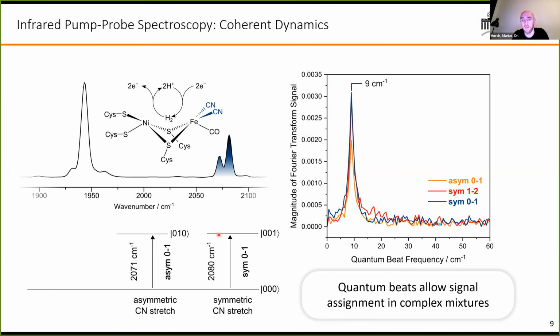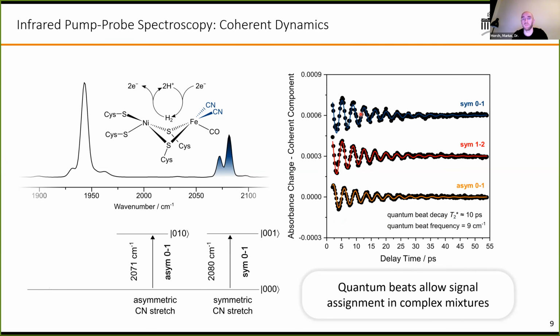And what you can see here is that for each pair of signals that correspond to a single redox state of the enzyme, of the active site more specifically, we get a single clear sharp peak in a quantum beat spectrum. And this is, of course, extremely helpful to assign signals in complex catalytic mixtures, as we often observe, as I mentioned, in hydrogenase.